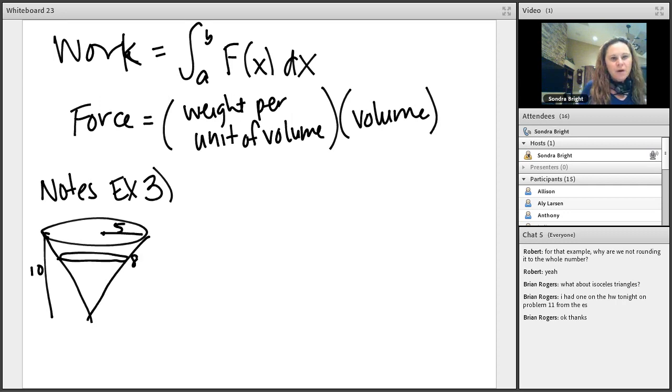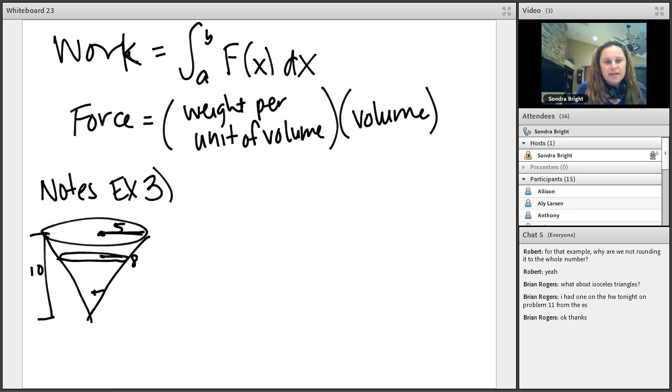All right, so keep in mind that the height and the radius are related. The radius down here is much smaller than the radius up at the top. So the radius is changing, different from a cylinder like the one on the quiz, which had straight sides, so your radius wasn't changing.